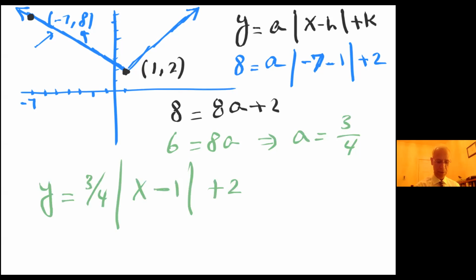Once again, remember that this 2 is my k, and this 1 here is my h, coming from the vertex right here. Let's do another example.